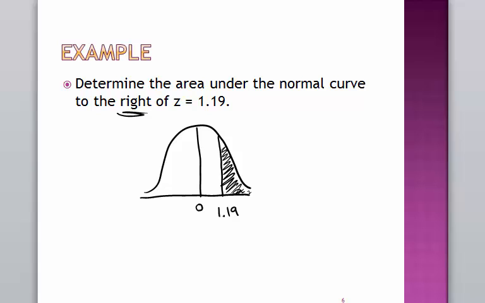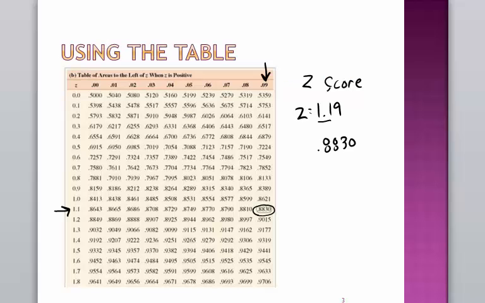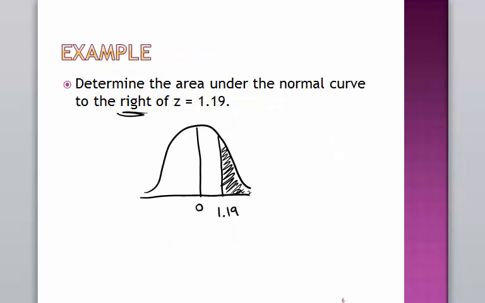Now, if I go to my table and I look up 1.19, which is actually what I did in the last example, remember that looking up 1.19 gives us 8830. So I'm going to make myself a note that a z of 1.19 is 8830 in the table.